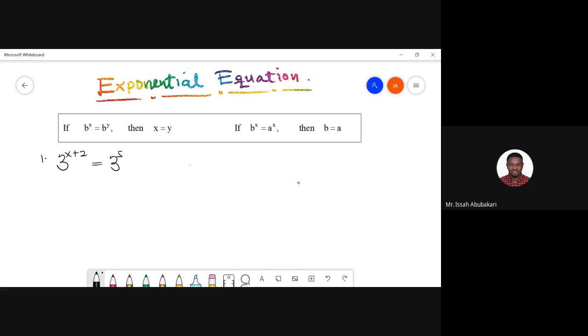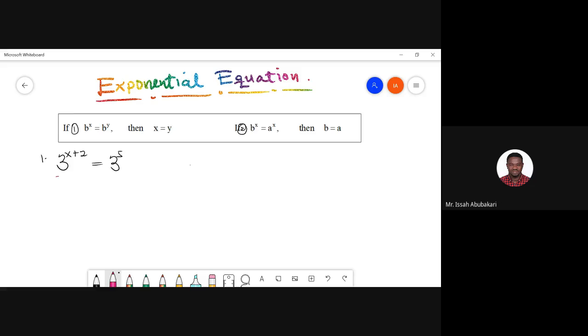Let's say this is rule 1 and this is rule 2. Which rule are you going to use? It's obvious, since the bases are the same, we go with rule 1. To solve this, you can write that since the bases are the same, you equate the exponents.